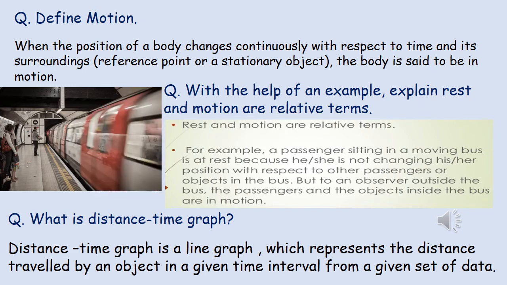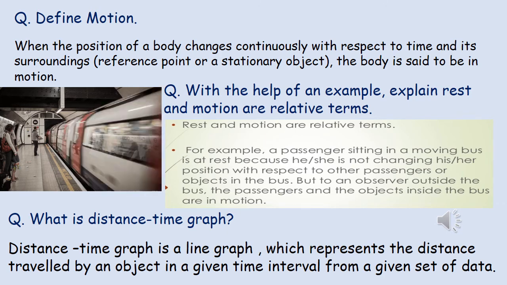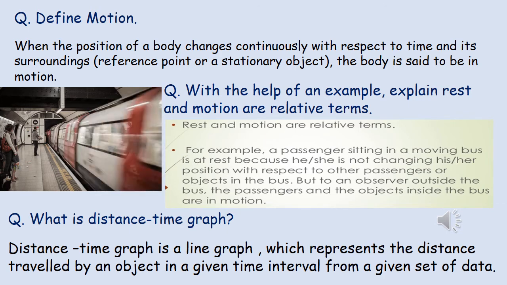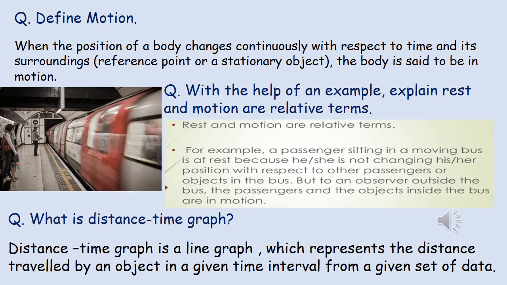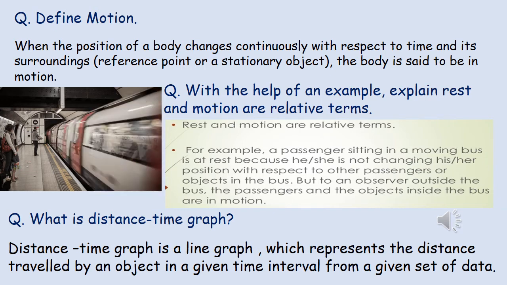Let us take an example. A passenger sitting in a moving bus is at rest with respect to the passenger sitting beside him, because both of them are moving with the same speed.